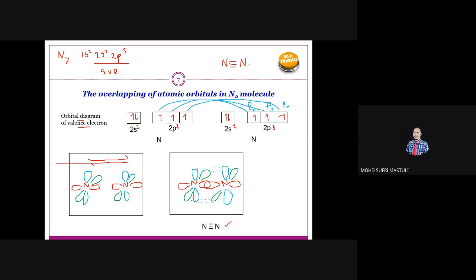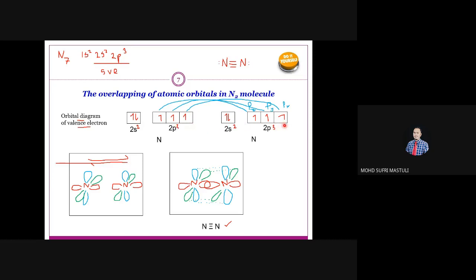So we should identify which orbital is involved by drawing the orbital diagram. In order to draw this orbital diagram, you should be able to write the electronic configuration from the total electrons for that particular atom, and then identify the valence electrons, and then you can draw the orbital diagram of the valence electrons.